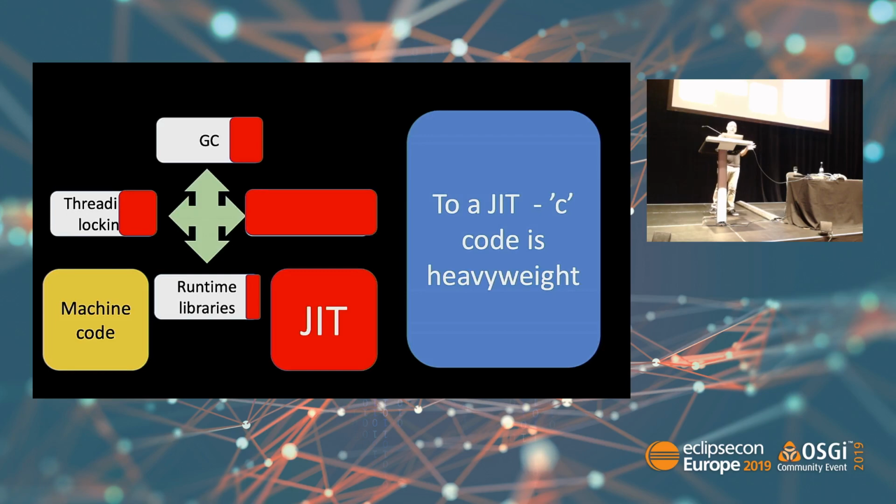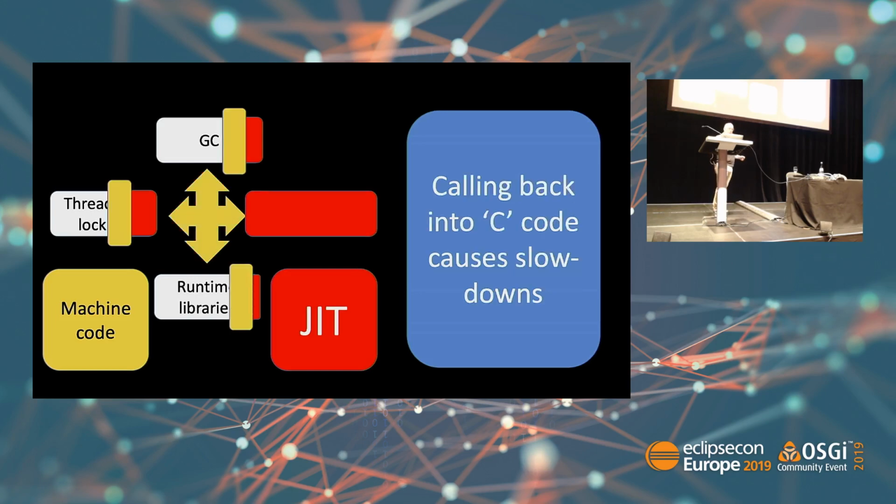We don't need that when we're generating our own code because we're in complete control of what's going on. So when the JIT calls back into C code, everything slows down, right? We don't like that. We don't want to call back into C code. We want to inline stuff as much as possible. Hence why JITs do some part, they'll have their own version of the GC code.